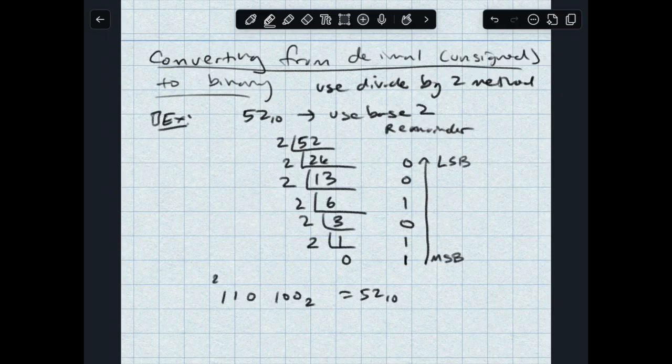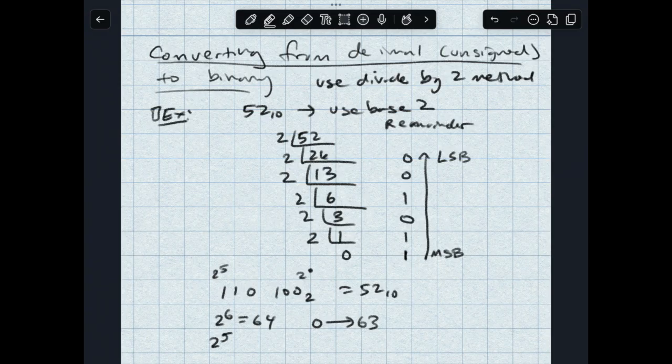So 2 to the 5th is here, and this is 2 to the 0th down there. So if I add all these things up, what is 2 to the 6th? It's equal to 64, and that means that the numbers I can represent go from 0 to 63. If I went down by 1, let's say to 2 to the 5th, I would get 32, which means I could only represent from 0 to 31.